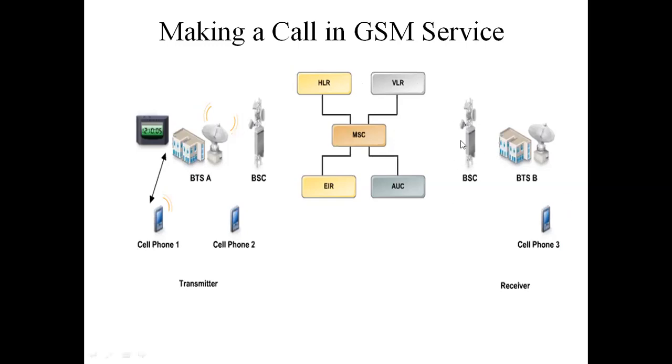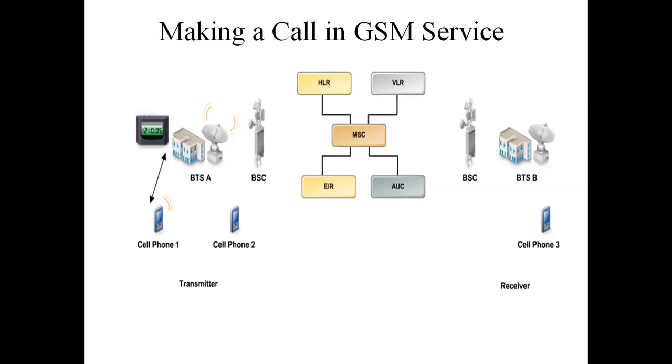This is the receiver side cell phone, and this is the base station controller and base transceiver station associated with the receiver cell phone, which is cell phone 3 here. The cell phone uses the voice channel and time slot assigned to it by the BTS to communicate with the receiver. So in this manner, a call is made in the GSM service.